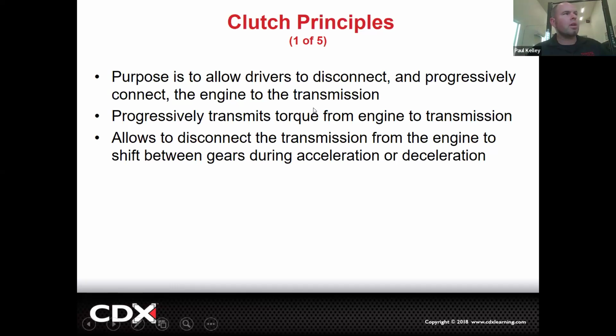It's going to allow us to disconnect the transmission from the engine to shift gears, particularly when we're accelerating or decelerating. We pick a gear and that gear is great, but then you've sped up enough where you need a different gear, or you've slowed down enough where you need a different gear.